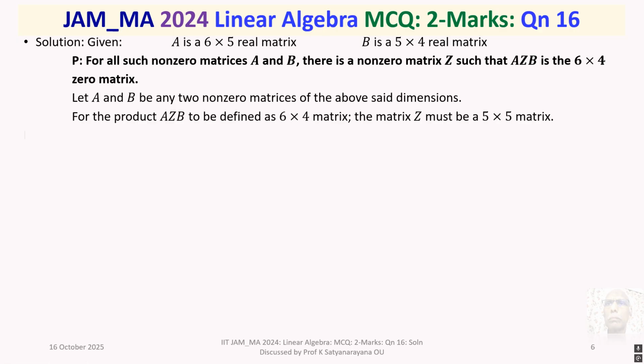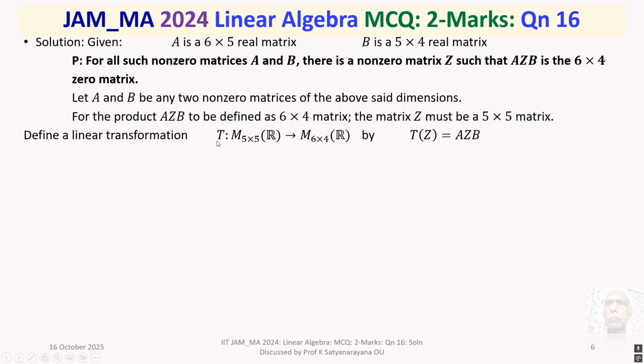Now, define a linear transformation T from M 5 by 5 over R, the vector space of all 5 by 5 real matrices, to the vector space of all 6 by 4 matrices over real entries.